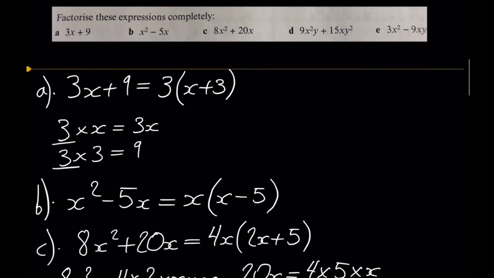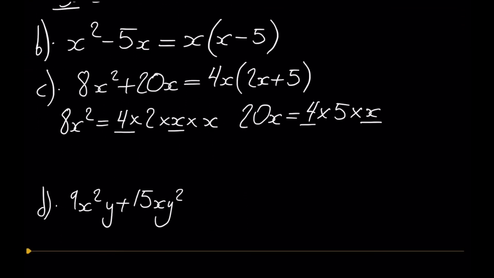Okay, now for part D, we've got 9x squared y plus 15x y squared. So there are a lot more common factors now in this case. We've got common factors for two variables this time, x and y, and we've got common factors in the constants, 9 and 15. So we'll start off with 9 and 15. The common factor of 9 and 15 is 3, because 3 times 3 is 9, and 3 times 5 is 15.